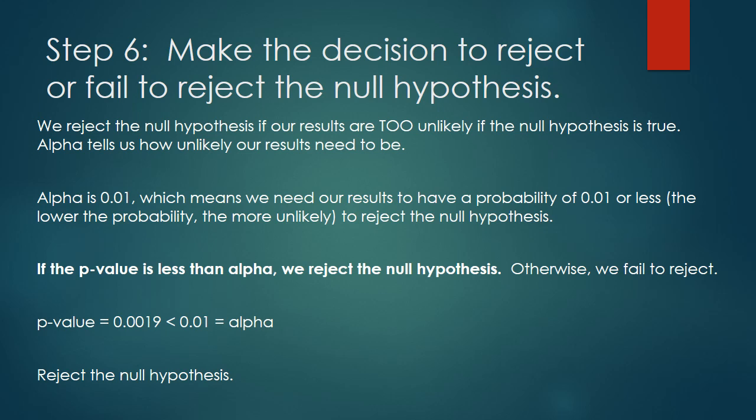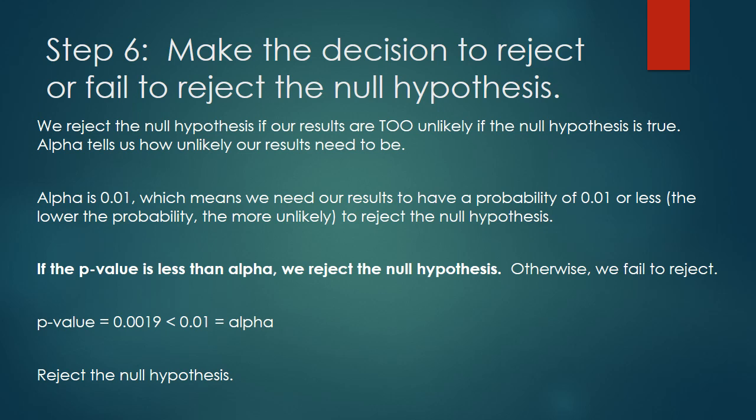That means we need our results to have a probability of 0.01 or less. Remember, the lower the probability, the more unlikely, so the more reason to reject the null hypothesis. If our p-value is less than alpha, we reject the null hypothesis. Our p-value is so low, our results are so unlikely, that we don't really think that null hypothesis is true.